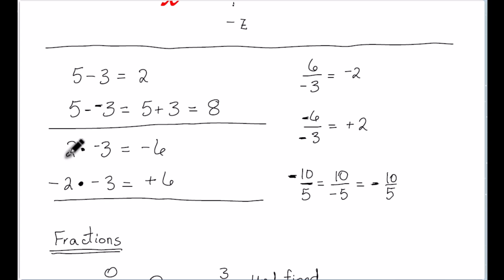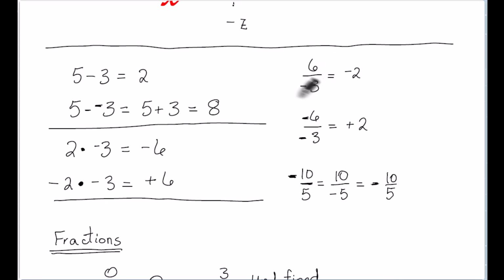If I multiply a positive number times a negative number, the result is negative. If, though, I've got two negatives multiplied together, that turns into a positive.